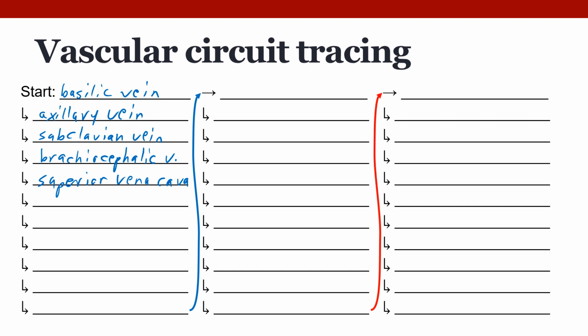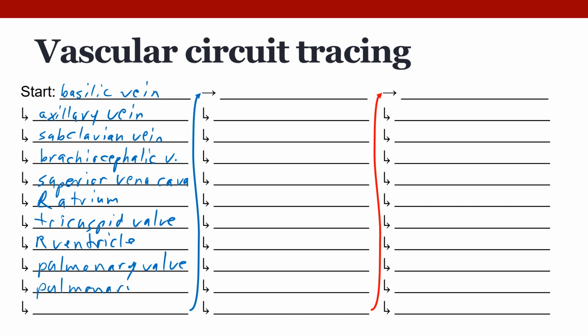This takes us then to the right atrium, tricuspid valve, right ventricle, pulmonary valve, pulmonary trunk, pulmonary arteries.